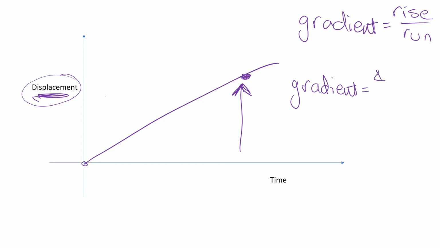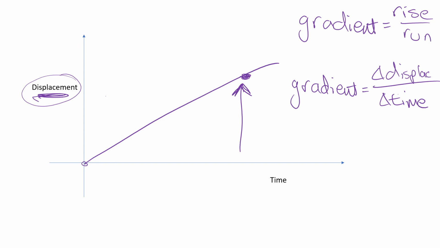This delta is just like a triangle that explains change in, so this is change in displacement. And then I've got change in time.